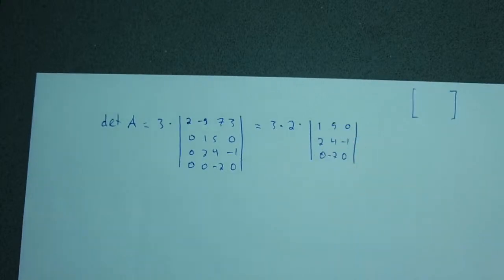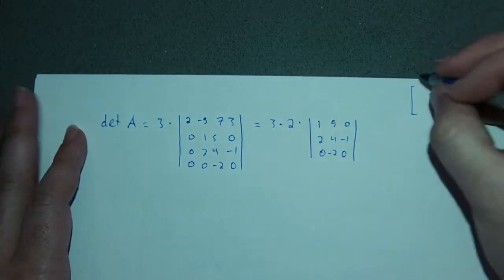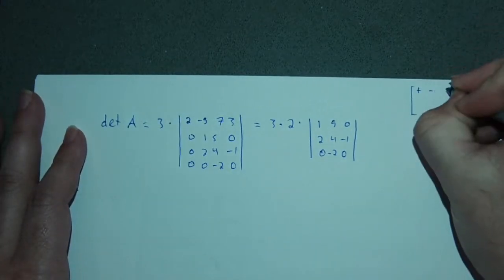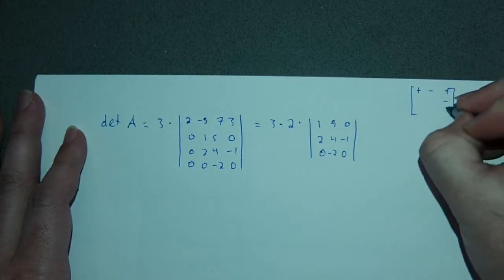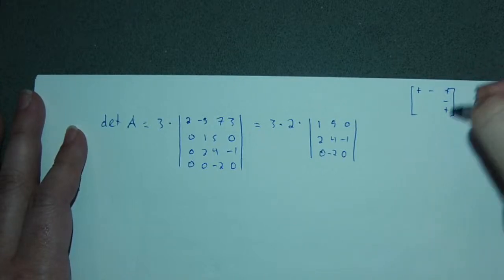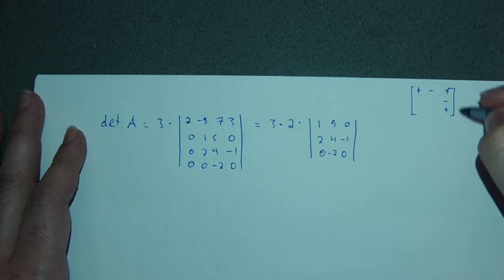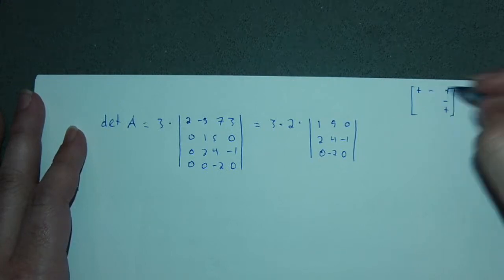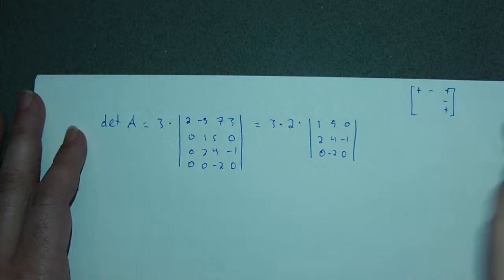I'm just considering this as a matrix in its own right, a 3 by 3. So we have plus, minus, plus, minus, plus. Going down the last column here is the same as just going across the first row, so it would be plus, minus, plus here.